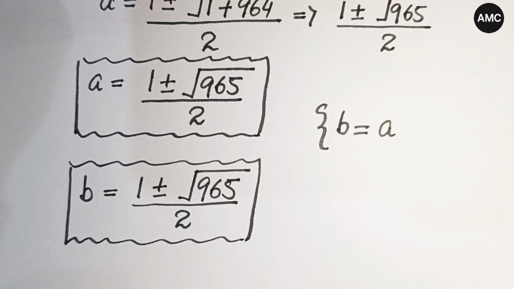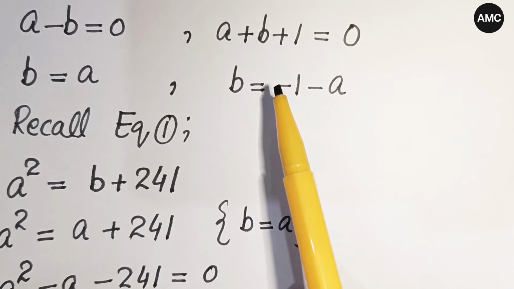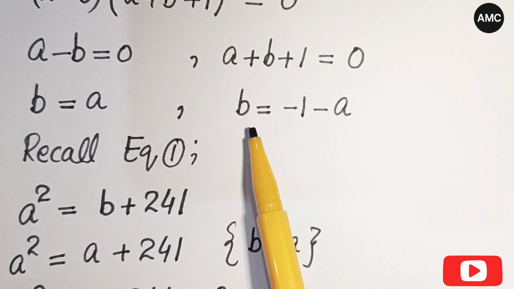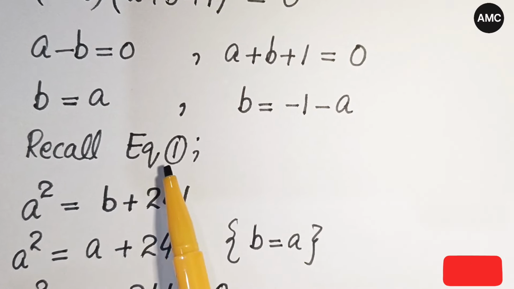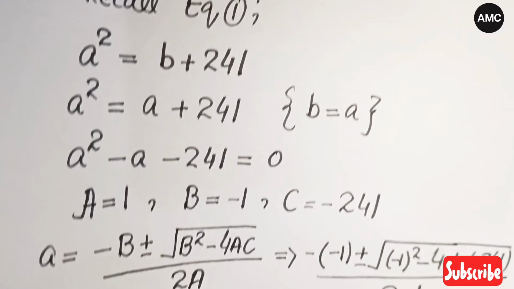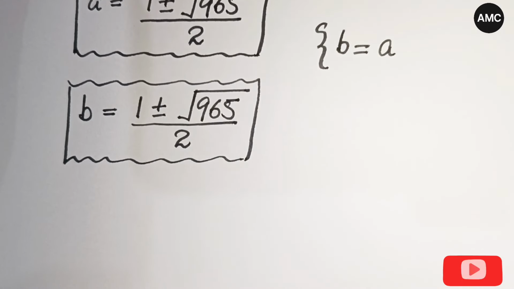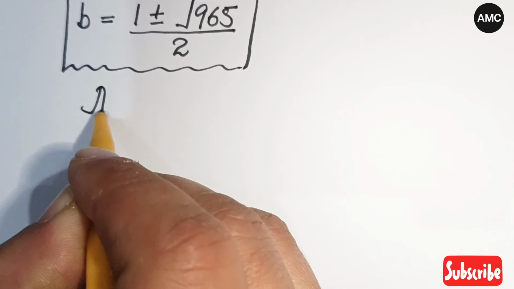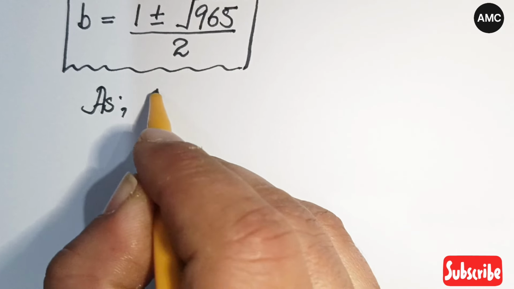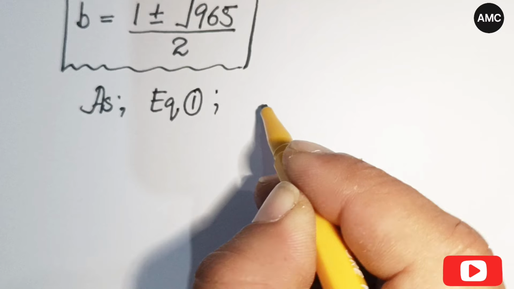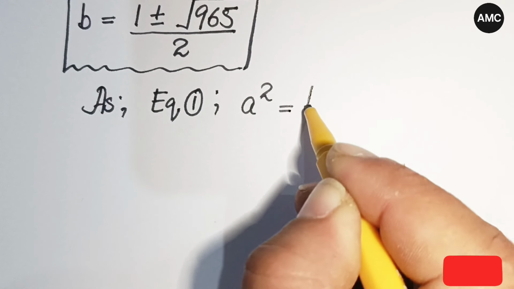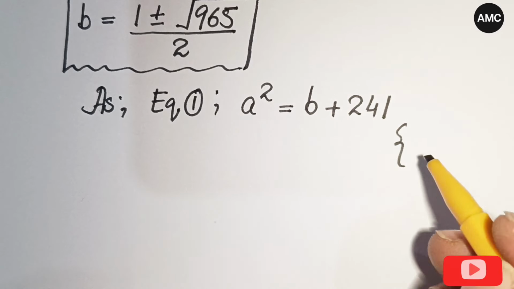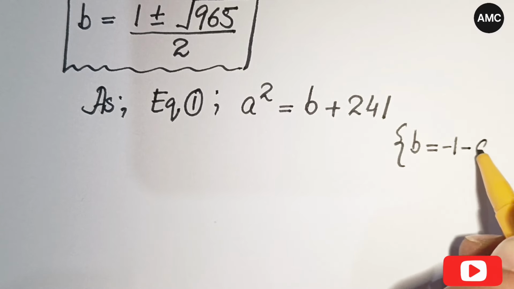Now we can solve this equation, that is a plus b plus 1 is equal to 0. So here putting this value of b is equal to minus 1 minus a. Now recall our equation 1, that is a squared is equal to b plus 241, but the value of b is equal to minus 1 minus a.